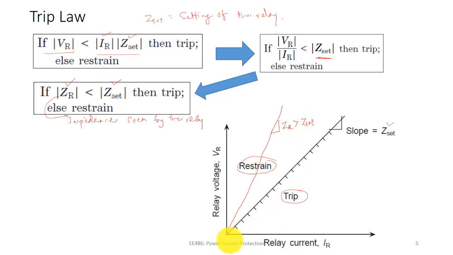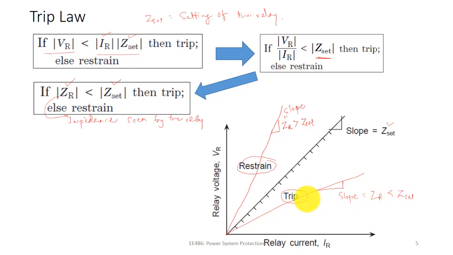And if I plot a line here, the slope of this line is ZR, which is less than Z set.